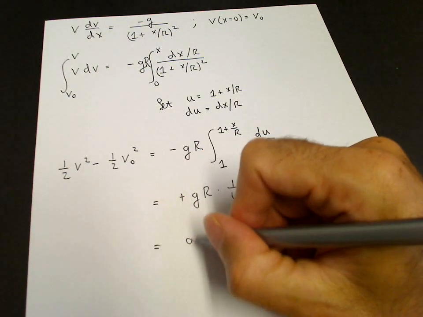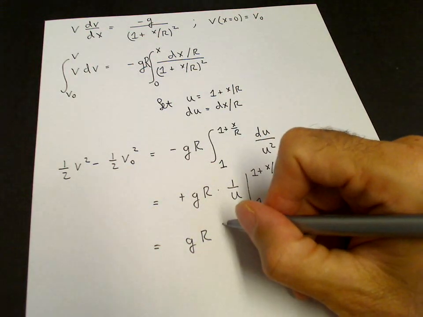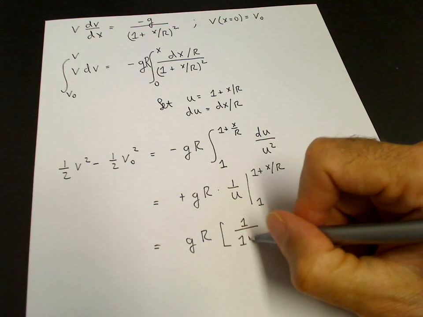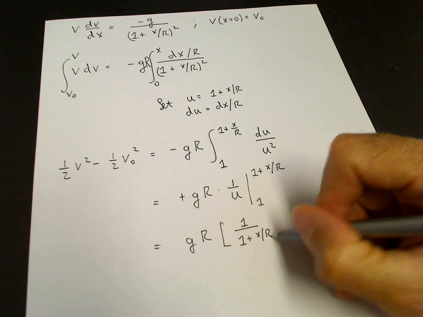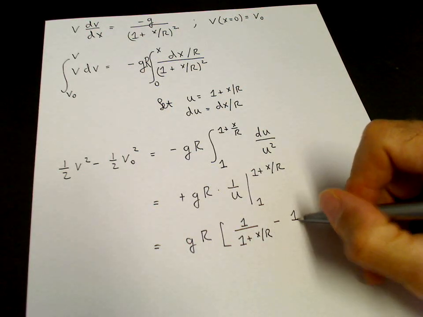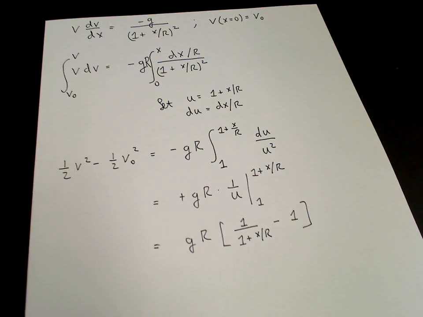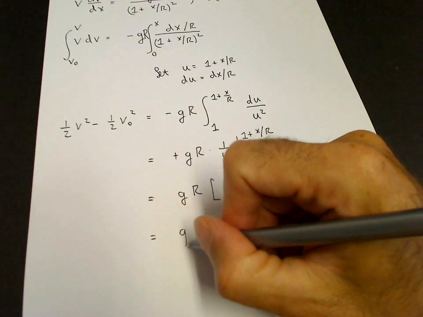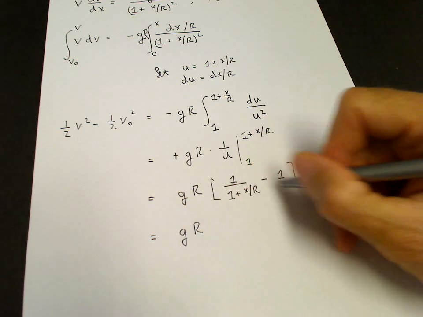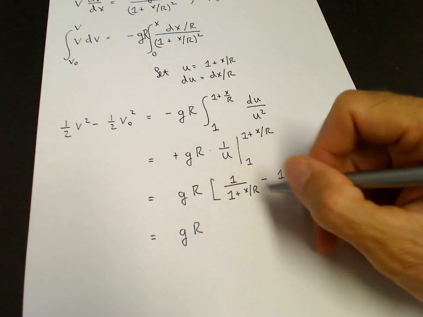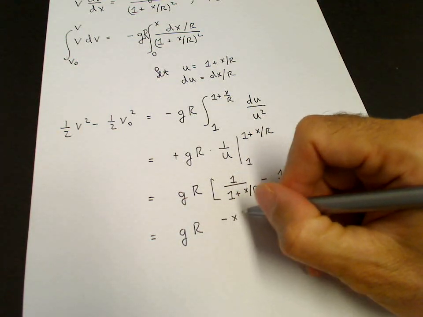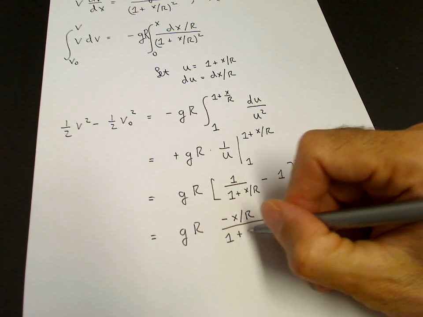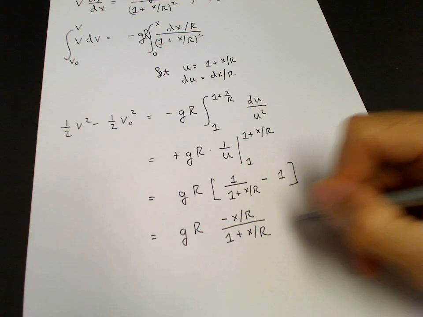So that gives us gr times (1 over (1 plus x over r) minus 1), which is gr times minus x over r over (1 plus x over r).